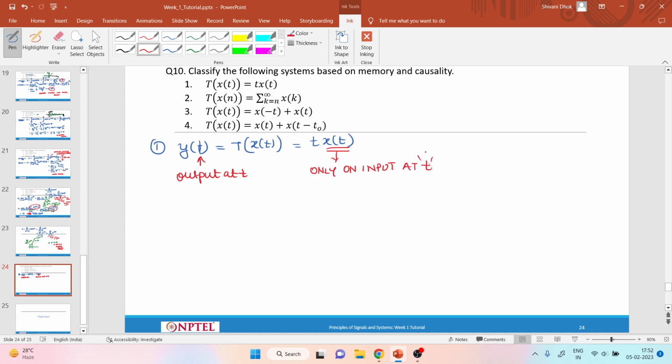There is no dependency whether it is t minus 1 or t plus 1. That is, if I'm observing y of 1, it will be equal to x of 1. If I'm observing y of 2, it will be 2 into x of 2. So this is the input at t equal to 2. The output is depending only on the value of the input at that given current instant, and therefore such a system is memoryless.